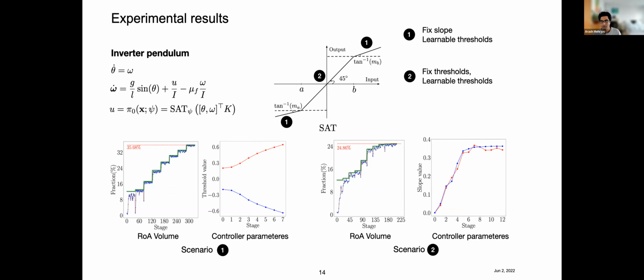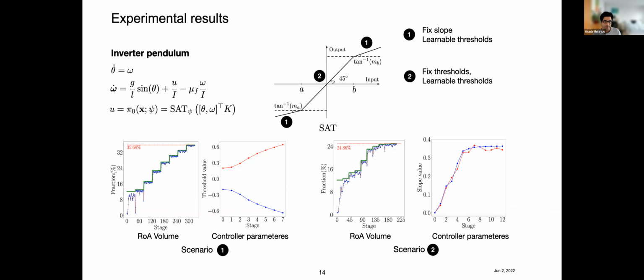We know how this affects the region of attraction, because, for example, when the slope is higher, it allows pushing more energy from the controller to the system, so it enlarges the region of attraction. The same holds for the threshold angles: if the positive angle becomes more positive and the negative angle becomes more negative, then the threshold is less severe, which means that more energy can be pushed to the system.